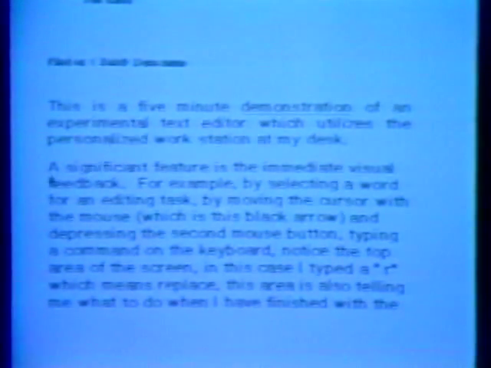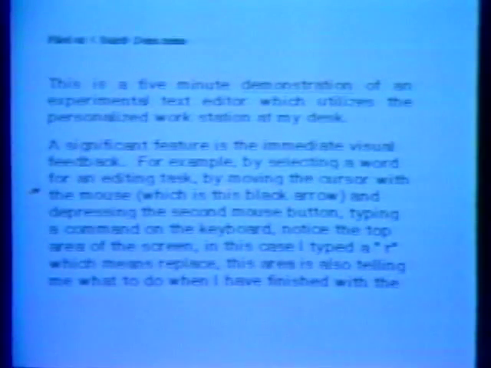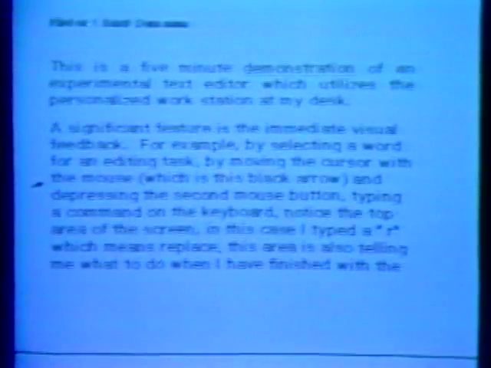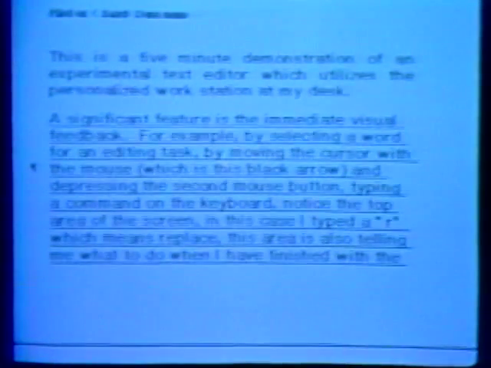Another feature is when the cursor gets over in the left area, it changes. I hit the middle button on the mouse, and it selects the paragraph. I would like the paragraph to be justified on the right side.